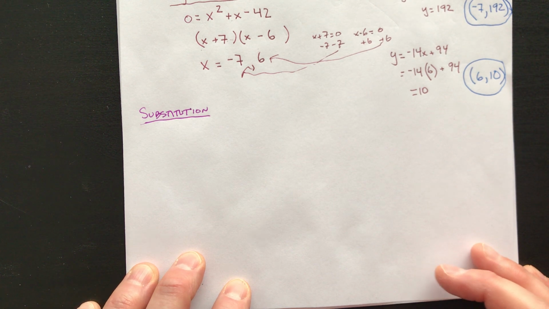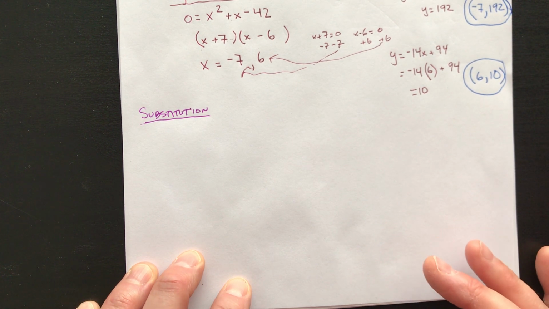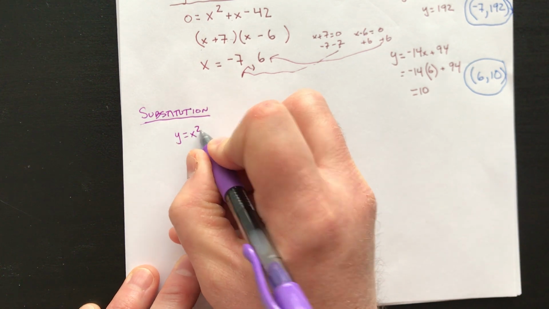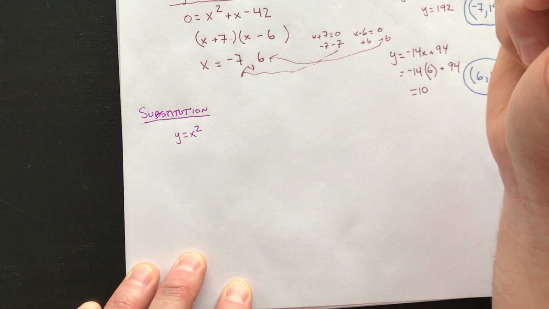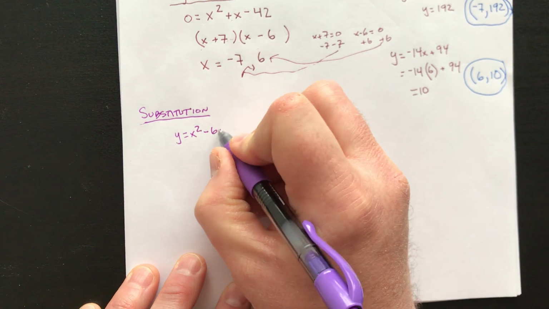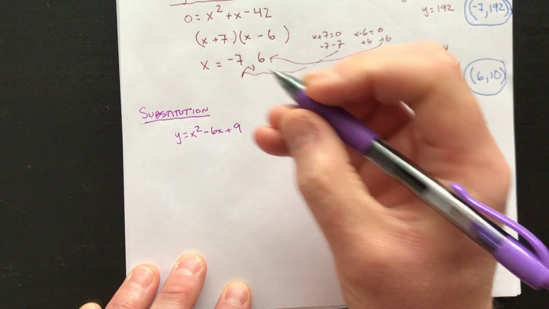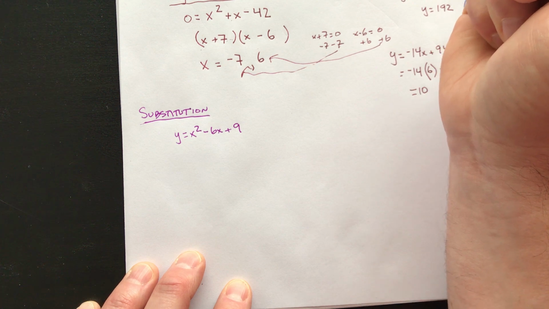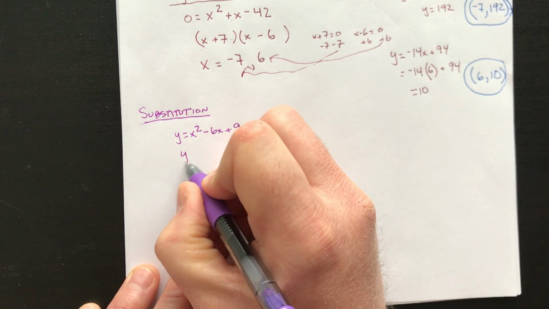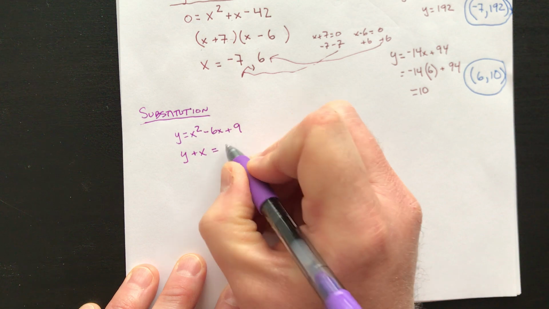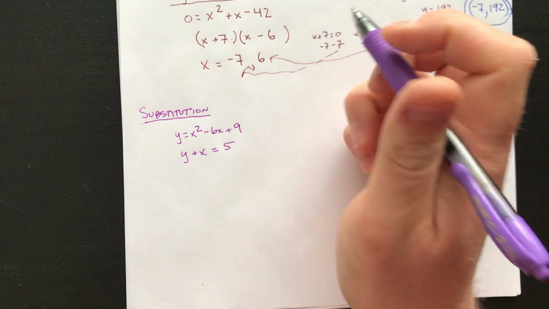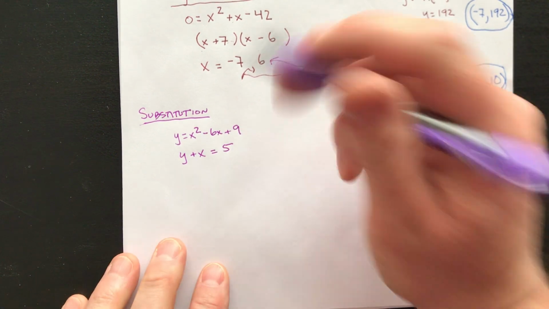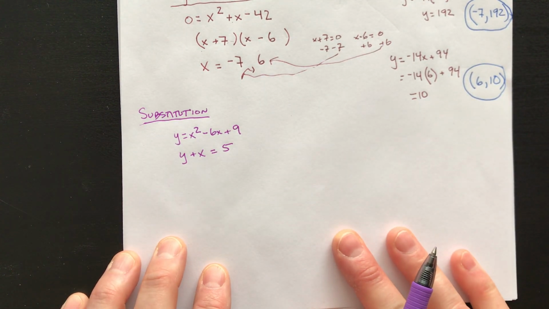So they tell me y is equal to x squared minus 6x plus 9. And y plus x equals 5. In this one, I'm going to solve for y. All right? I'm going to solve for y.